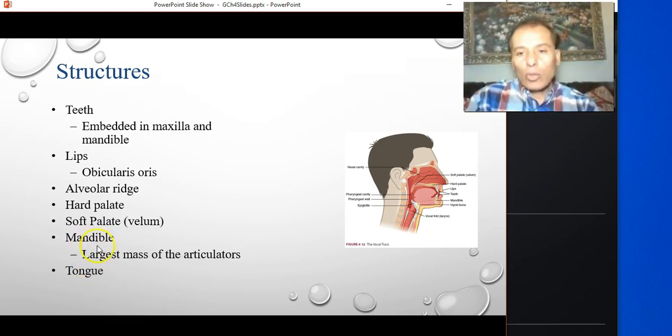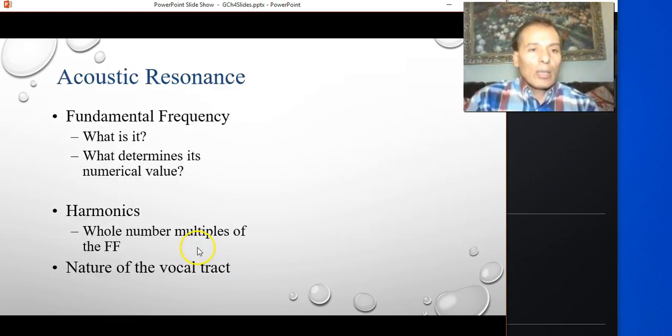And it enables us to articulate. And the tongue also is made out of a bunch of muscles that move it around and up and down. And we study all of these structures in detail. We dissect them in anatomy, and we know the function and the anatomy of them.